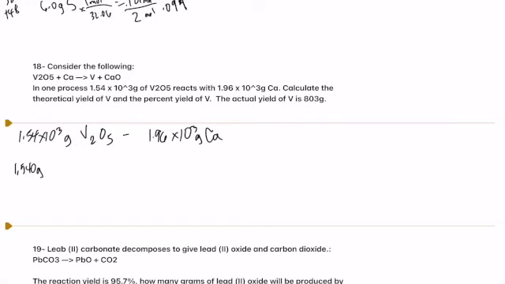So let's go ahead and take it out of scientific notation there. 1,540 grams of V2O5 reacts with 1,960 grams of calcium.